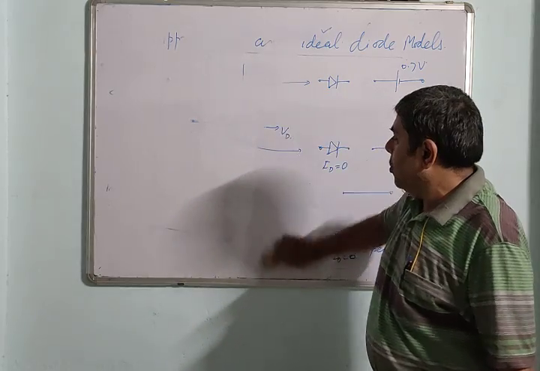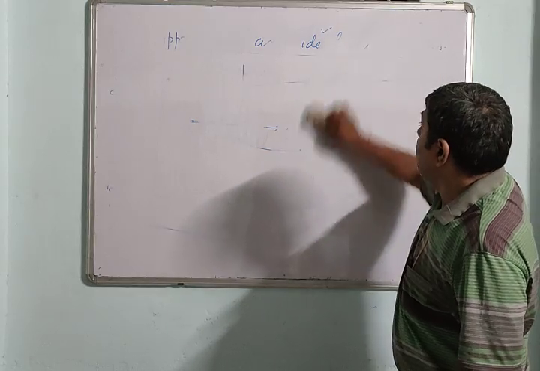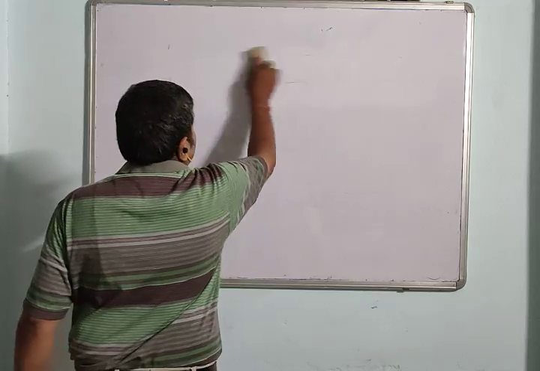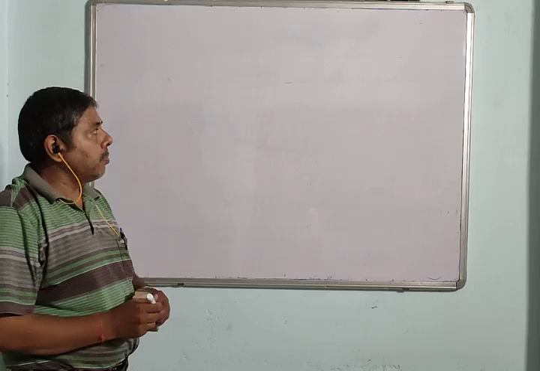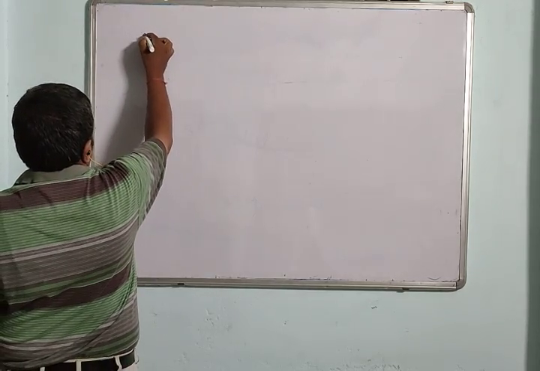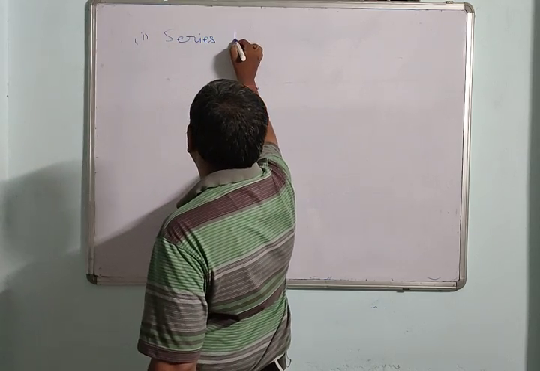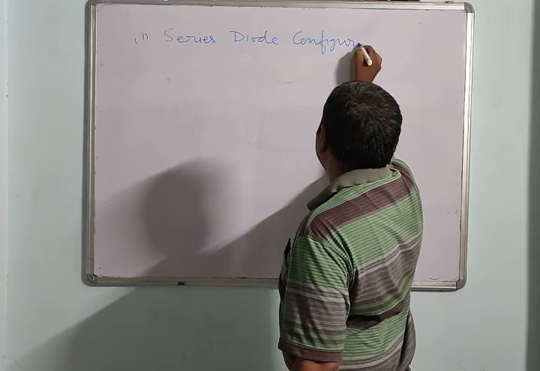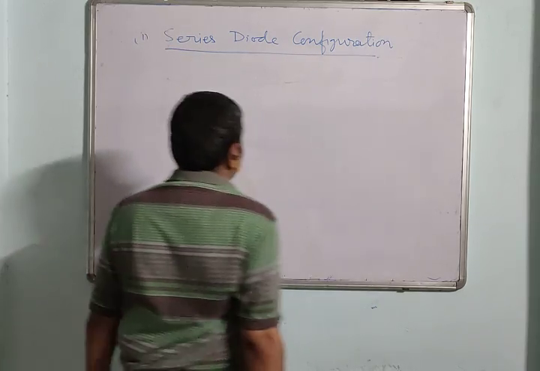Now we will discuss one by one series, parallel and series parallel combination of diode. So first of all we will take series combination, series diode circuits. First one is the series diode configuration.